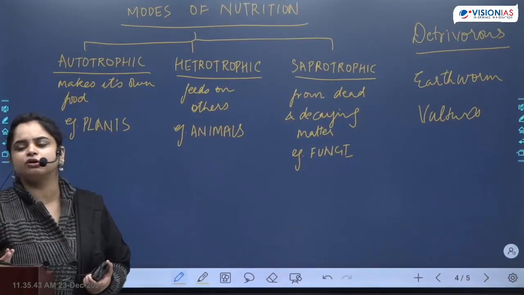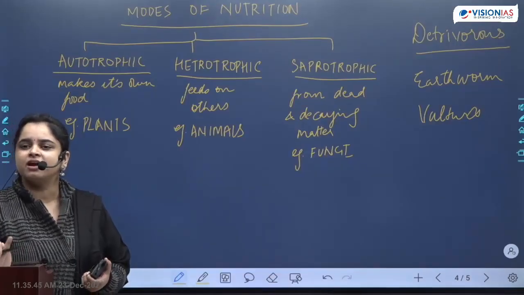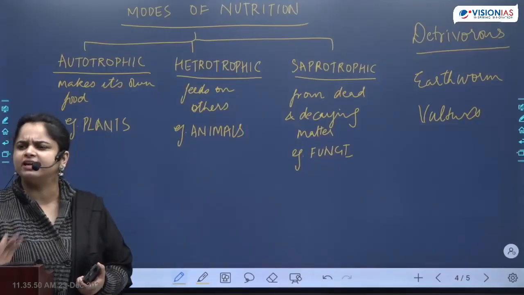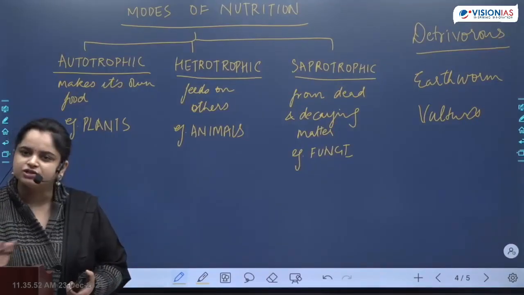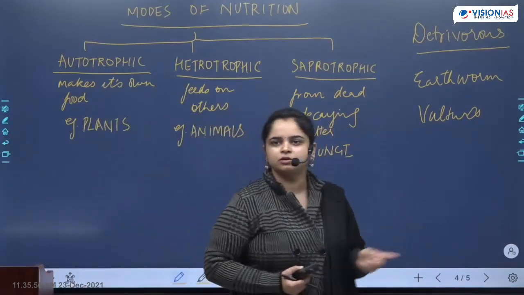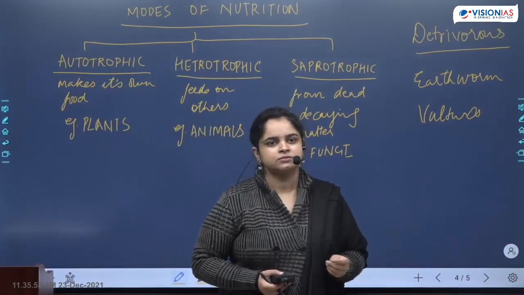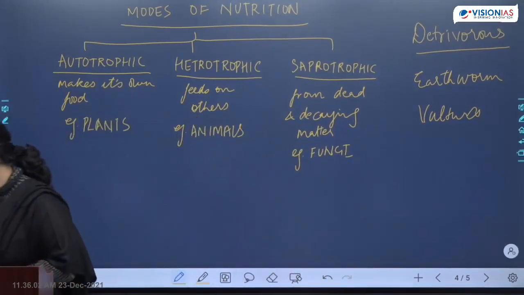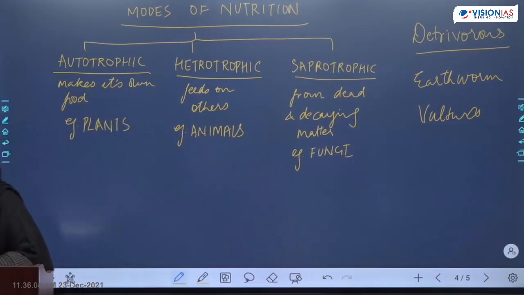This is a very important concept when it comes to the environment. Detrivores, their examples, their role in nature and threats to vultures, you will read a lot about this, but you should have clarity on these two terms. Okay? We'll go ahead. Decomposers.